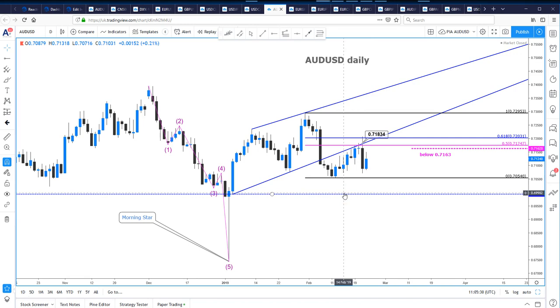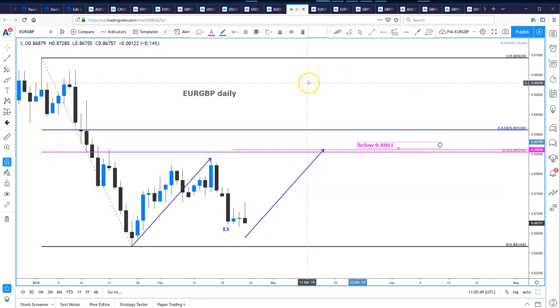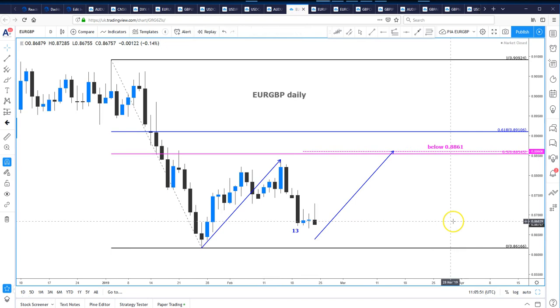Got to stay below 0.7163 on Monday to basically push this pair down to this level, which is 0.70, the figure. So at the moment, we've got a mild bearish bias. It didn't hold our first big bespoke resistance level on Friday. 0.7163 being quite critical.